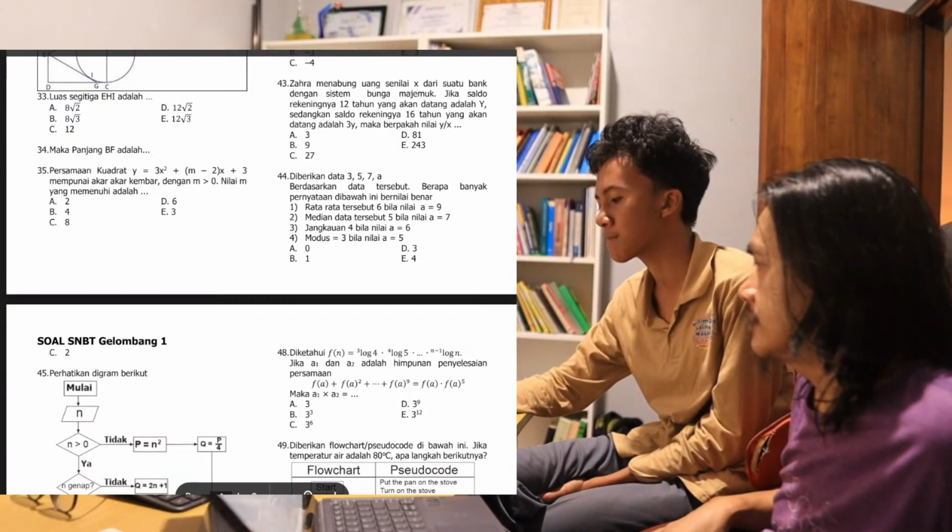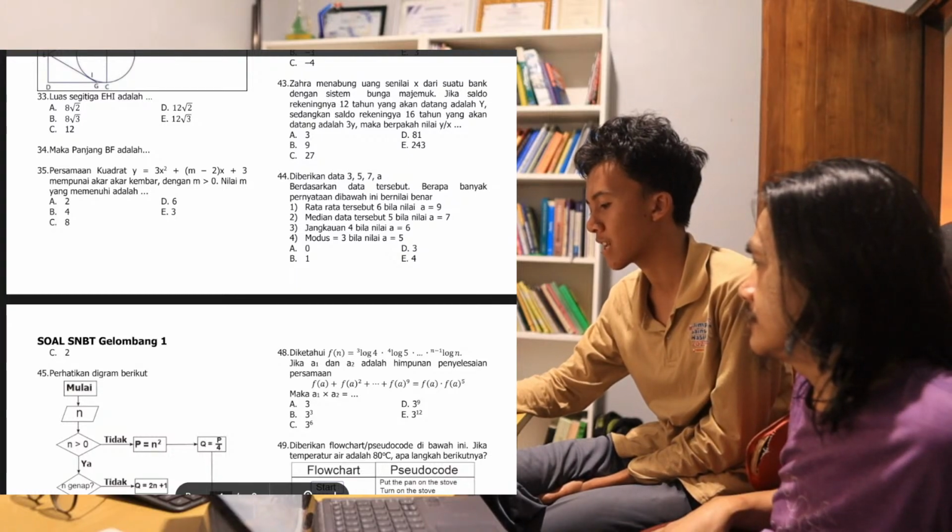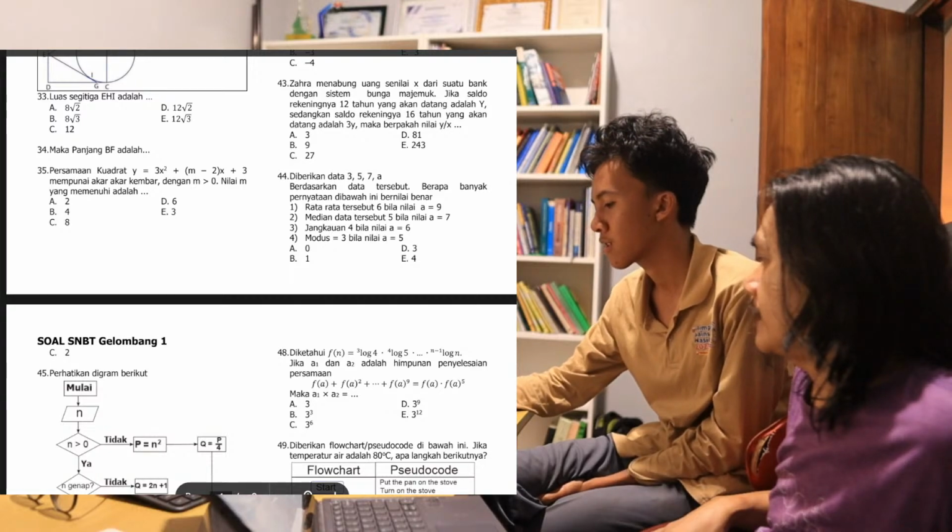So that means it has to be 36, which means m minus 2 is 6, so m is 8. Is there any other m that makes it 6 squared?